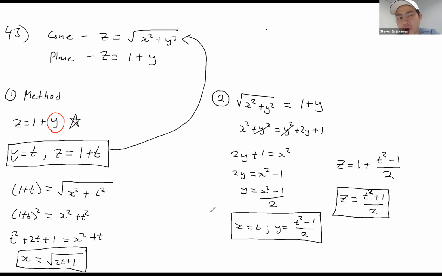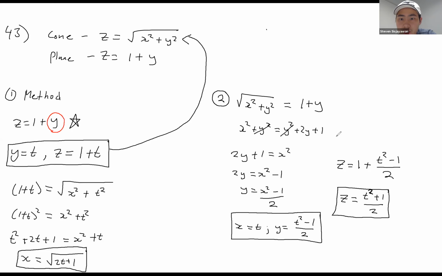All right, now I have a question. What do you notice about the parametric functions between solving it the first method and the second method? What do you notice about the x here and the x here? Something to note is that the functions in terms of t are actually not the same.